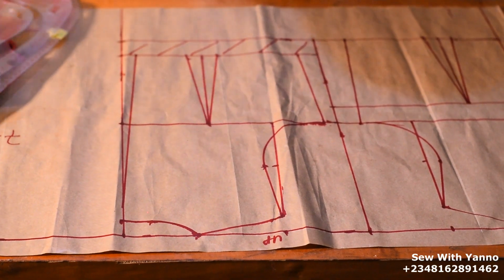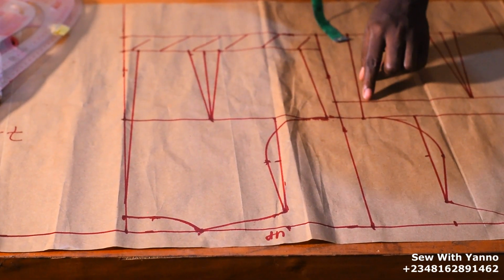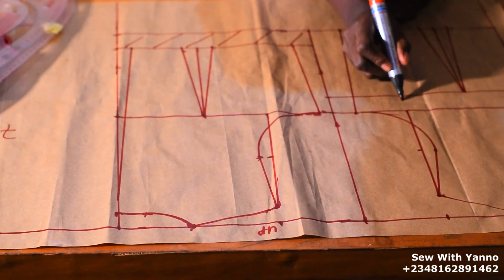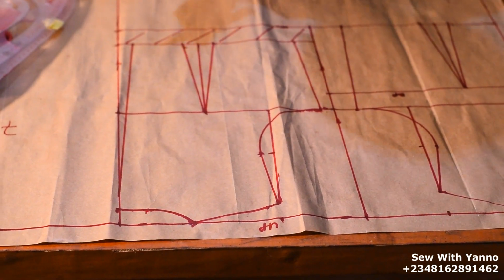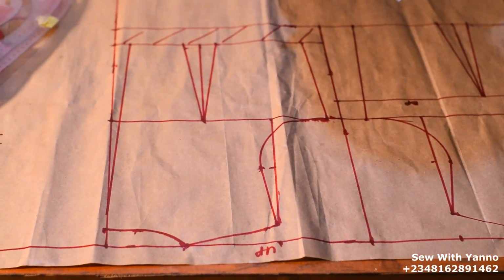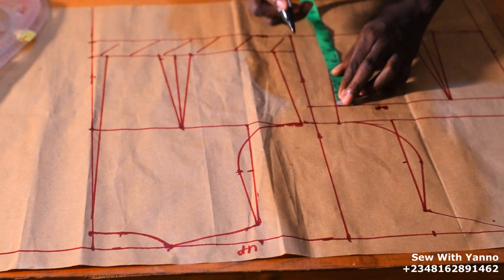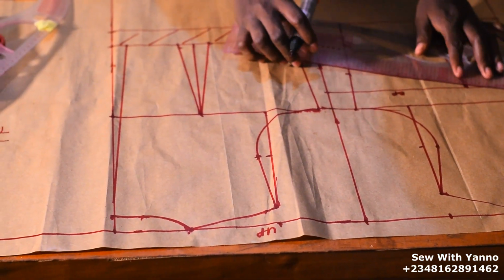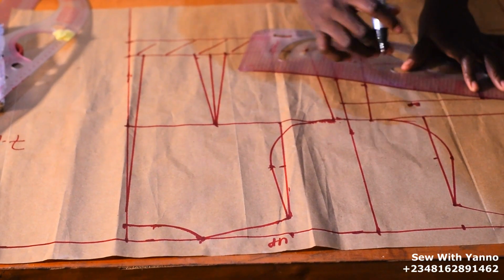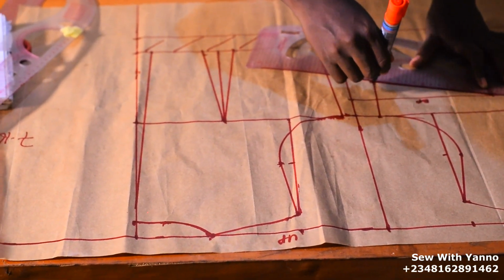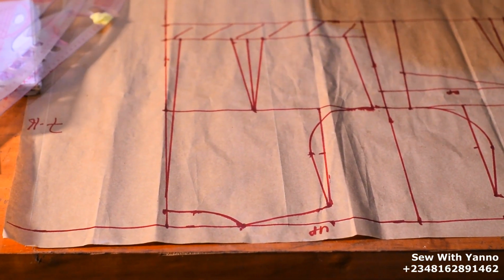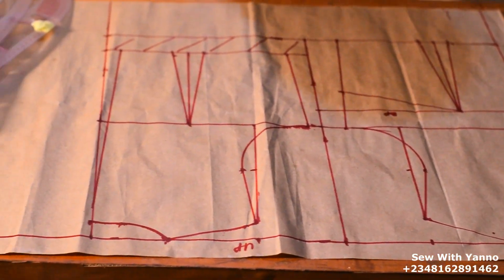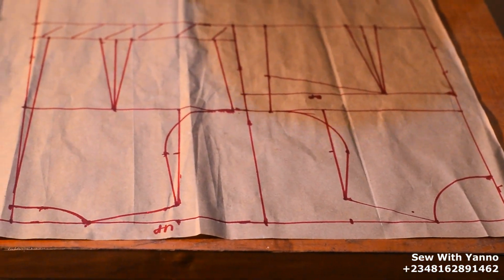And then I'll be taking my bust dart measurement from my bust point line, and now the difference between my front and my back is 1.5 inches. So I'll be bringing my 1.5 inch here, and I will draw out a straight line. And yeah, we are done drafting our basic bodies.